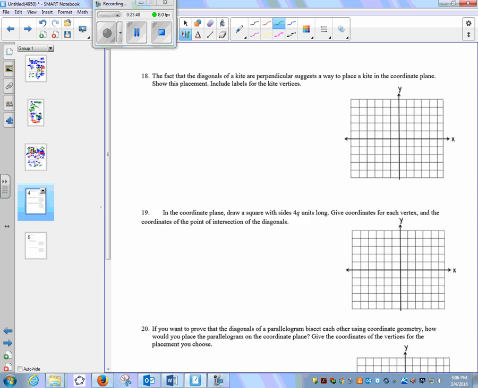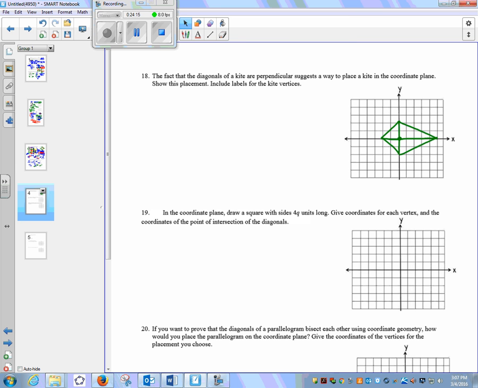The fact that the diagonals of a kite are perpendicular suggests a way to place a kite in the coordinate plane. Show this placement. Include labels for the kite's vertices. So since the diagonals are perpendicular, I could place a kite so that the diagonals cross right at the origin. That makes them perpendicular.